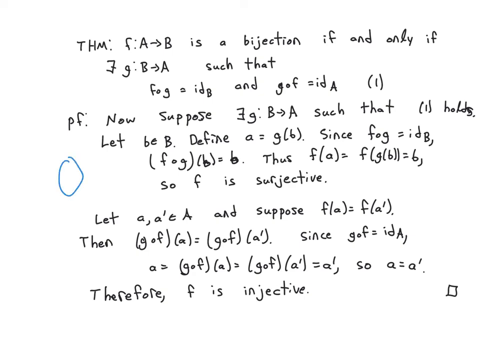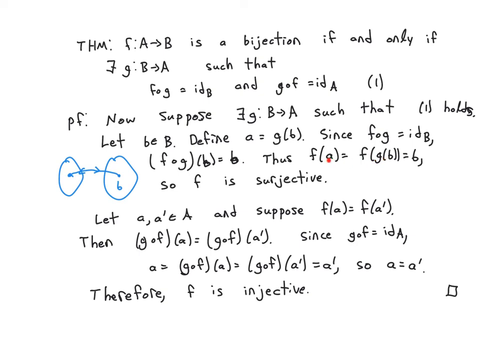Well, we have this nice construction about reversing arrows, so why not choose A to be G of B? Well, then what's f composed with G of B going to be? What's f of G of B?